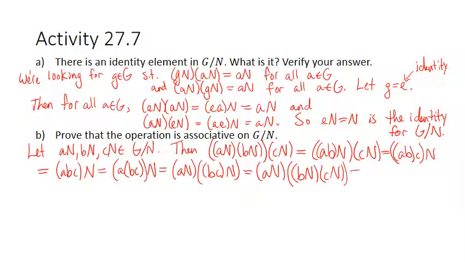Okay, and then I'm done, I think. So it all goes back to the fact that G's operation is associative. It doesn't matter whether you do the ab part first or the bc part first. That's what allows this operation on G mod N to also be associative.